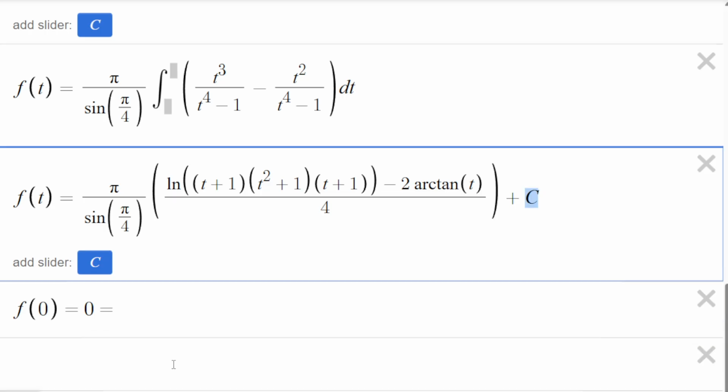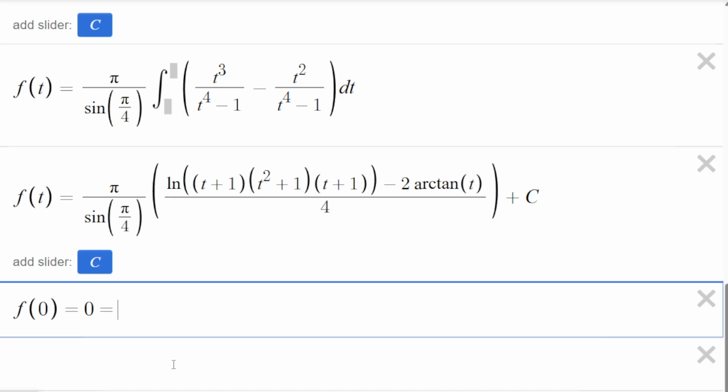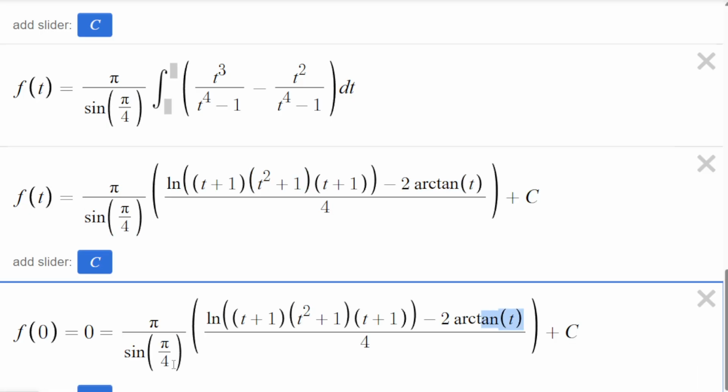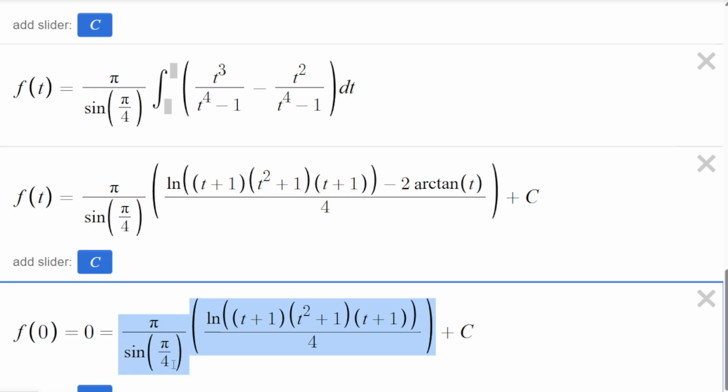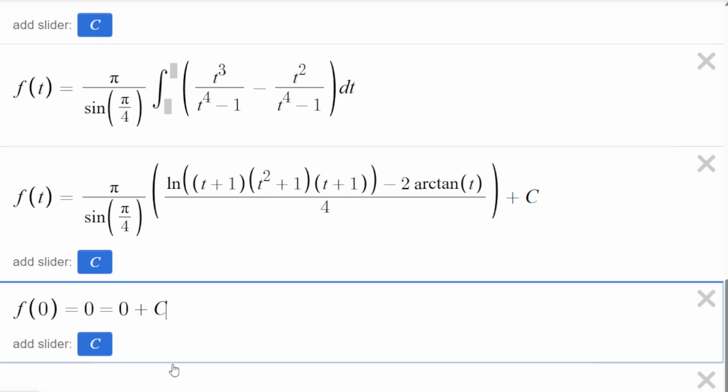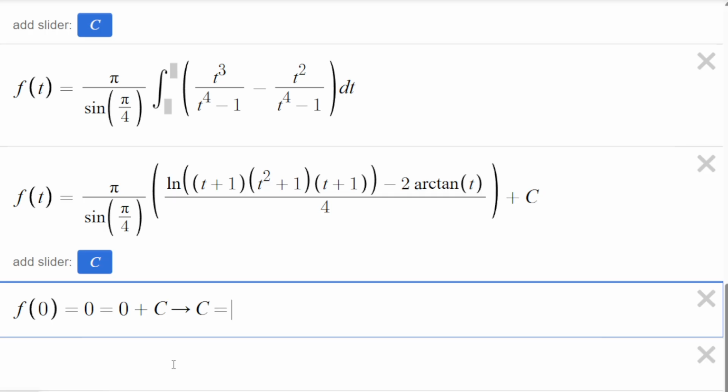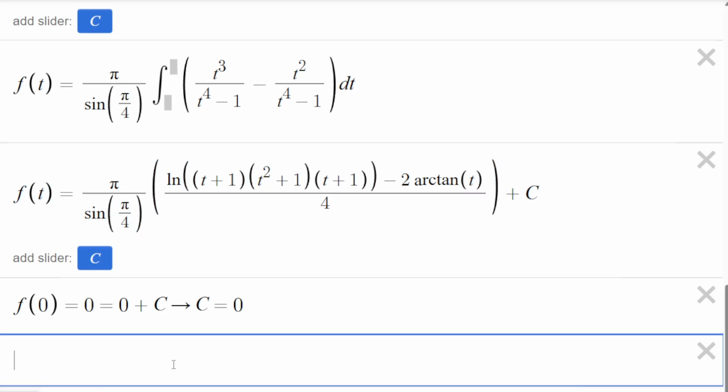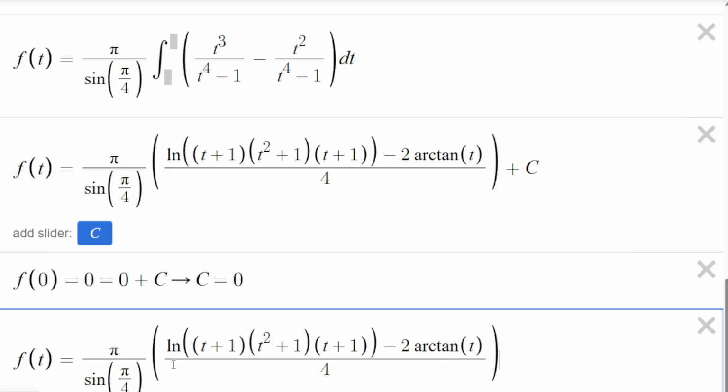Well, that's going to be equal to this when t is 0. Okay. Let's see. This part is going to evaluate to 0. Arctangent 0 is 0. And if we plug in 0 for t, we're just going to get 1 times 1 times 1, and then take the natural log, which is 0. So we're going to get 0 is equal to c. So we have c equals 0. So f of t is just equal to this.